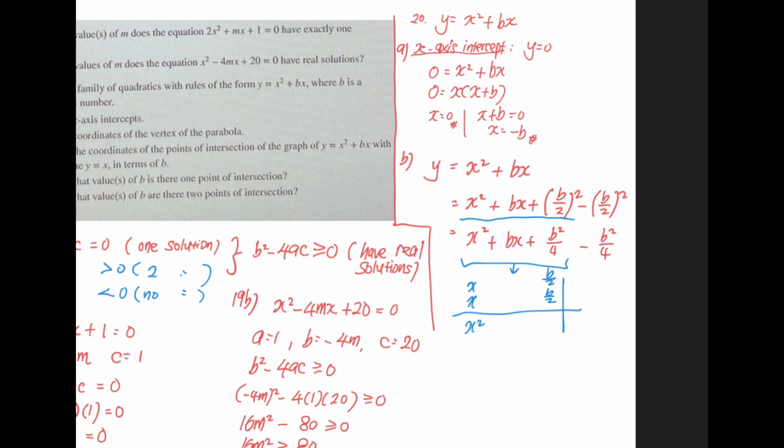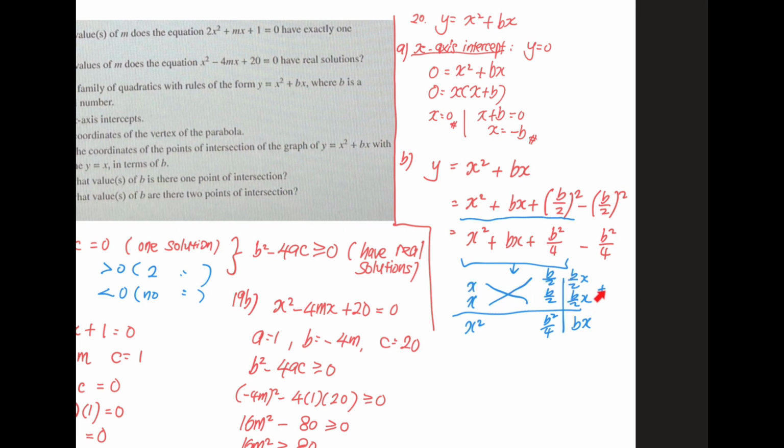Okay, b over 2 and b over 2. When I multiply them crosswise, b over 2 x and b over 2 x, when I add them, I get bx. And when I multiply them, I get b squared over 4. So this is the suitable way to factorize it. Multiply, get b squared over 4, which is this one.